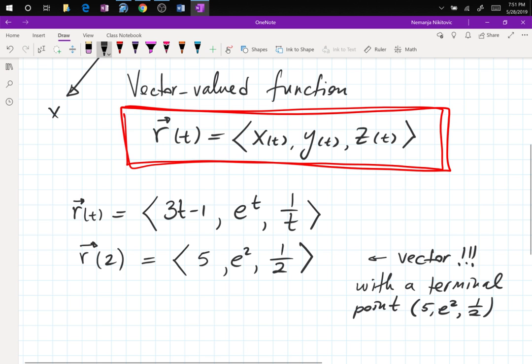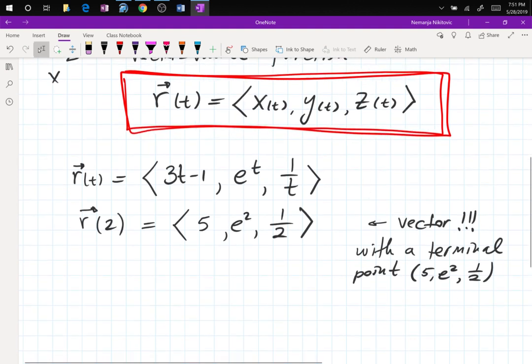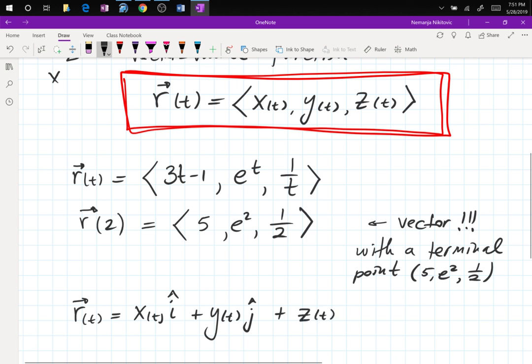So vector valued function is nothing else but the collection of all of these guys. Vector valued function r of t can also be represented as x of t i plus y of t j plus z of t k if you want to use component form.